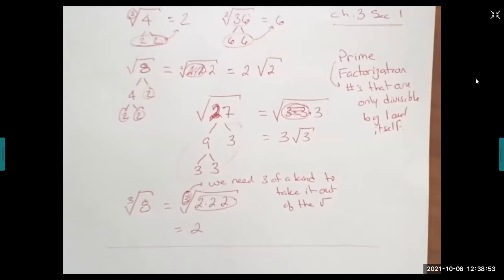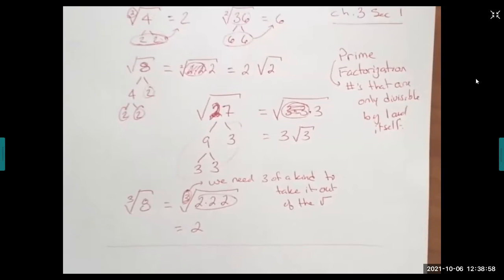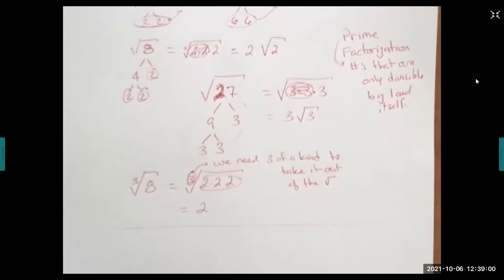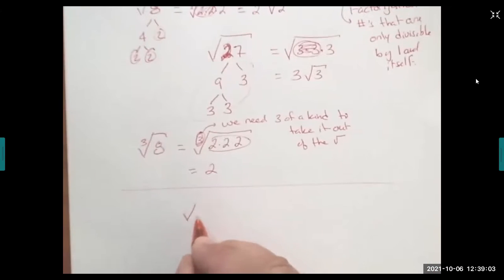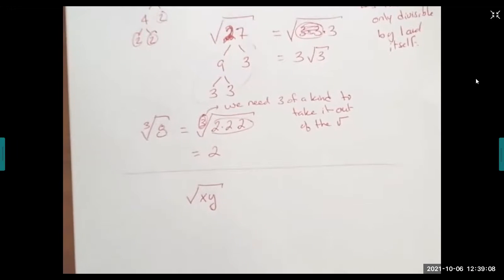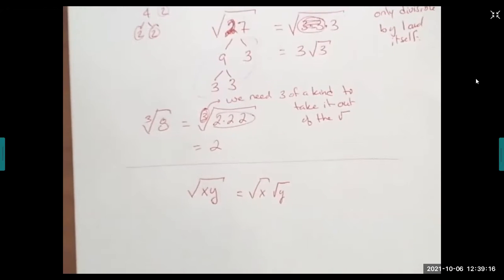There's also a property of radicals that we need to know. If I have a product of two numbers inside a radical, I can take that and split them up. Actually, this is a good way of proving this.